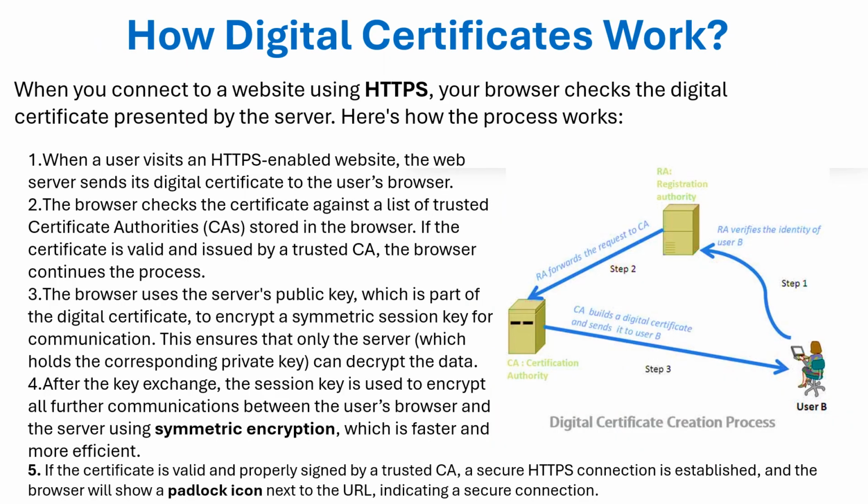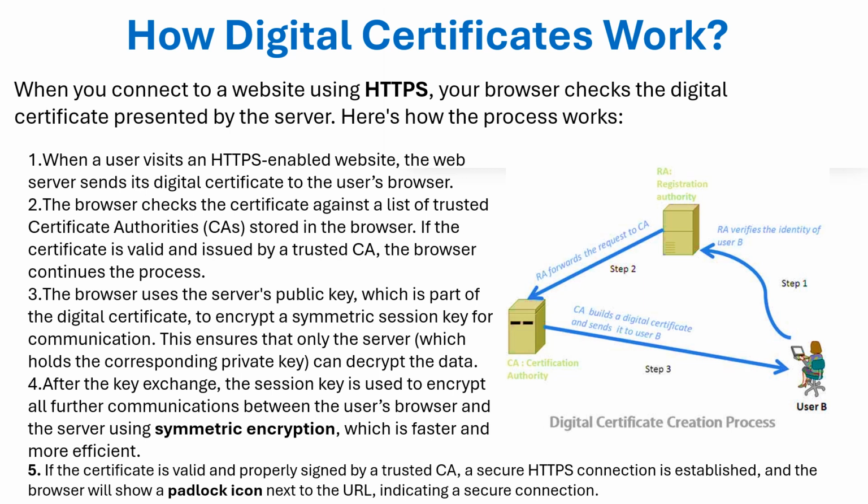How does the certificate work? When we connect to a secured website, which uses Hypertext Transfer Protocol Secure, the browser checks the digital certificate presented by the server, and here's how the process works. When the user visits the secured website, the website server sends its digital certificate to the user's browser.